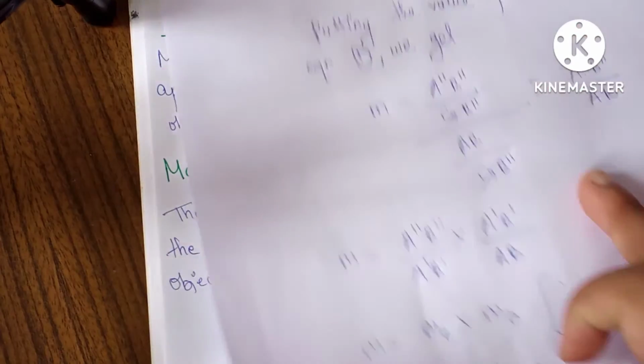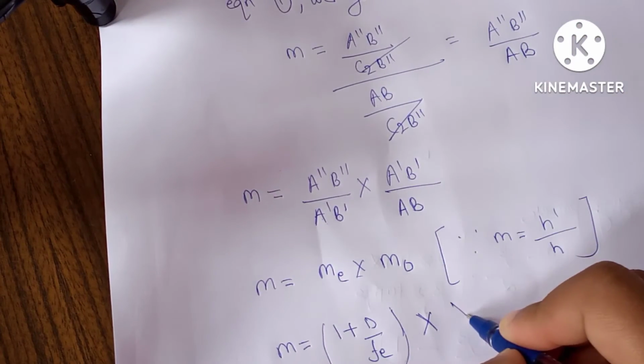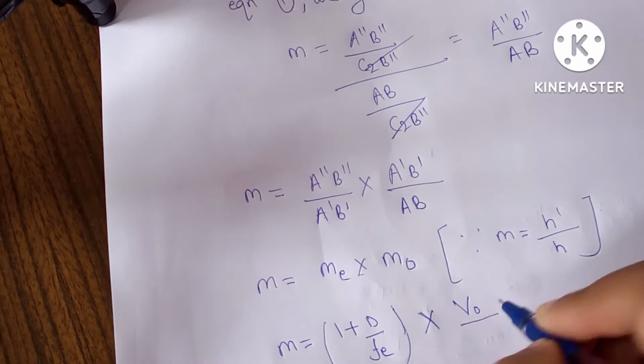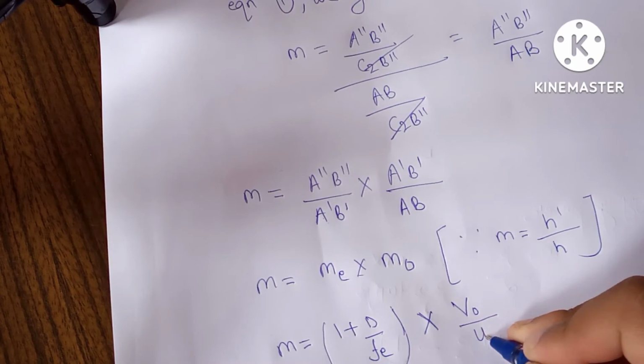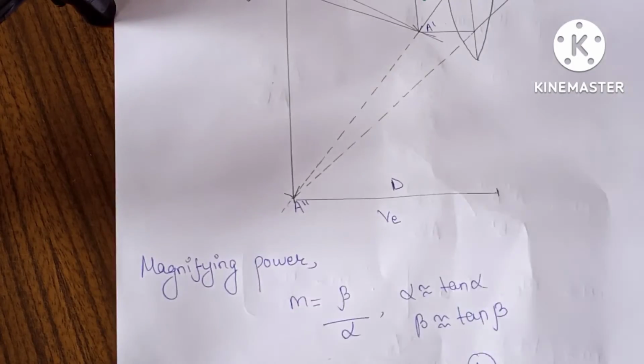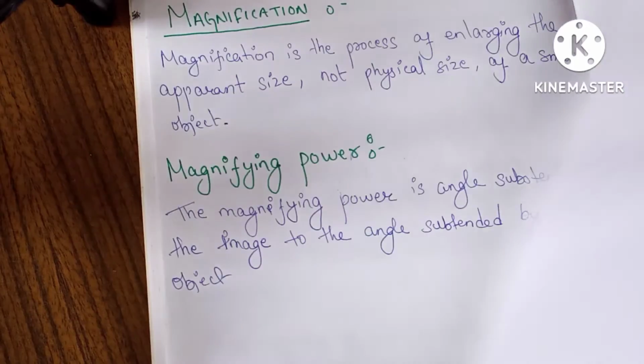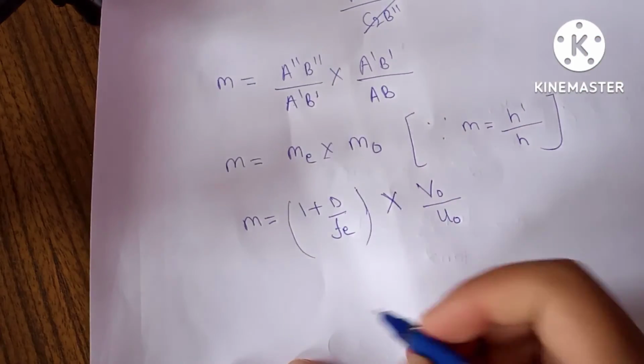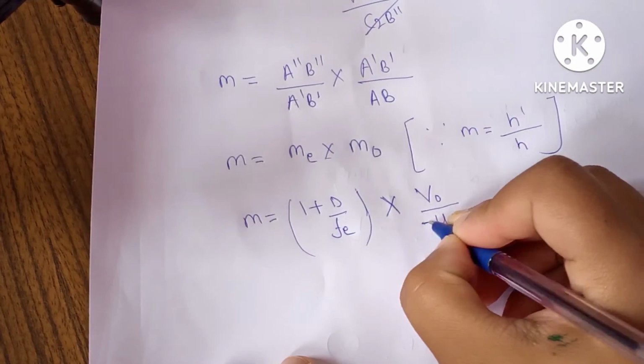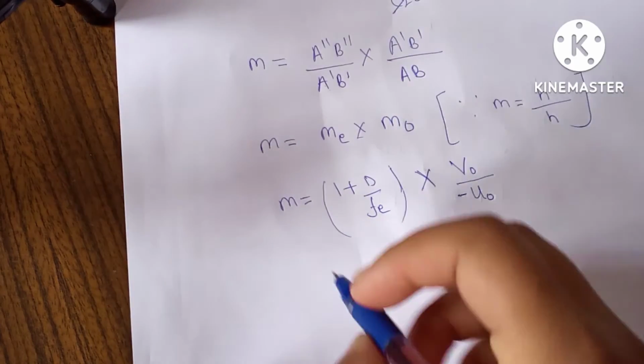So we can write it as image distance divided by object distance. Since this object distance is on the negative side of the objective lens, we have to write it as negative, minus UO.